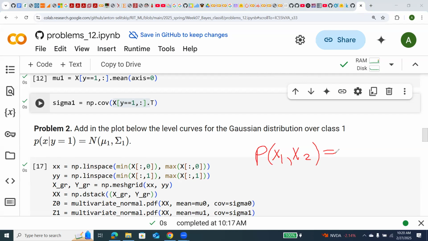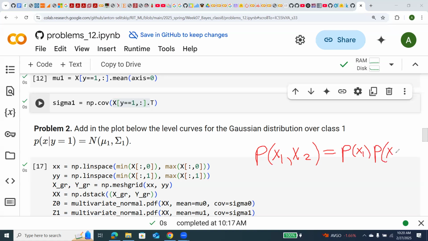You can think about features like in your homework. In your homework, you will apply naive Bayes for a spam filter, and your points will be words, and naive Bayes assumes that these words are independent. Of course, it's not true because we have word pairs and so on, but it's a simplification. Under the assumption that our features are independent, we can write this as the probability of feature 1 times the probability of feature 2.